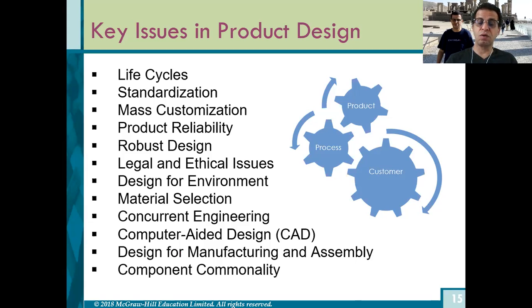We'll talk about concurrent engineering. These are all we're going to cover. CAD, which is computer-aided design, design for manufacturing and assembly, and component commonality. These are the key issues in product design.